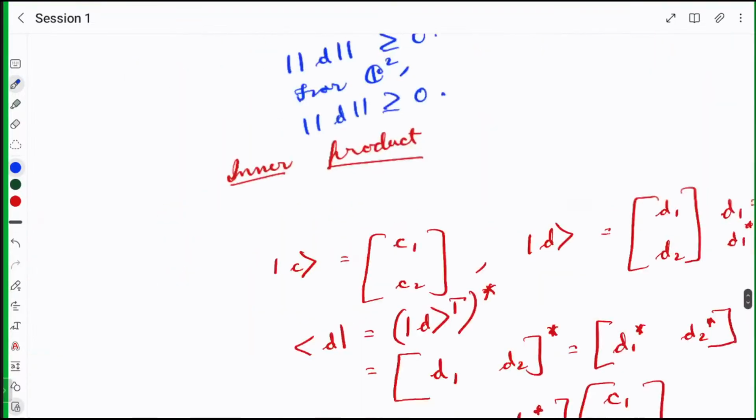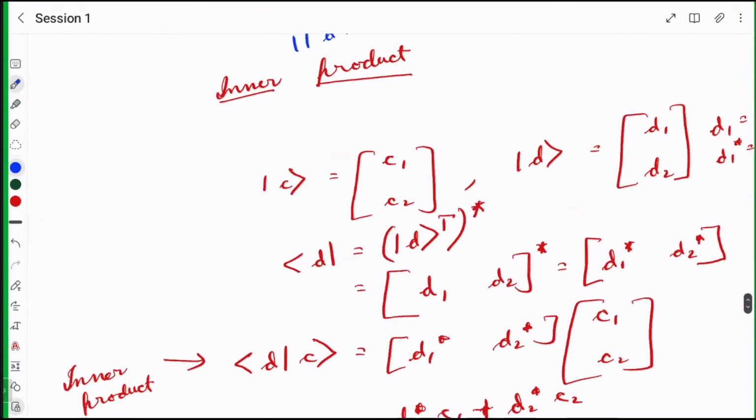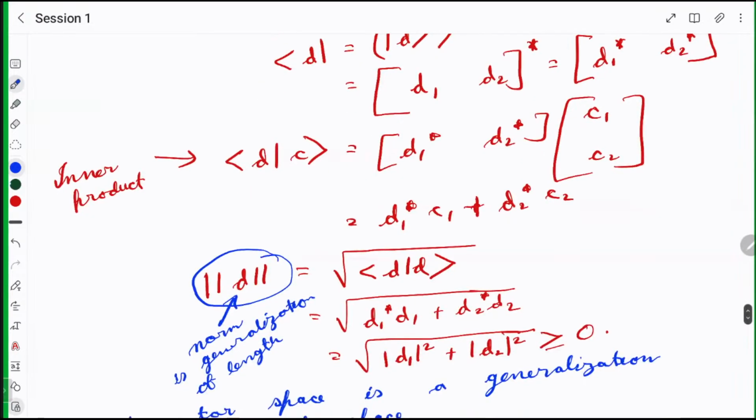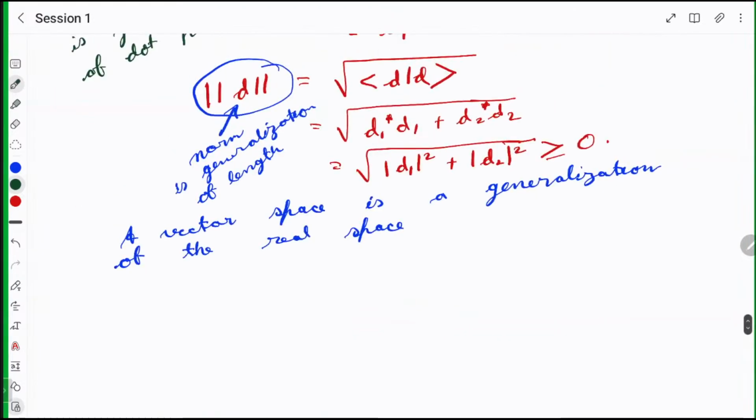There has to be some definition of something like the dot product, which we saw is the inner product, a generalization of dot product. So a vector space is a generalization of the real space, where the vectors follow similar rules.